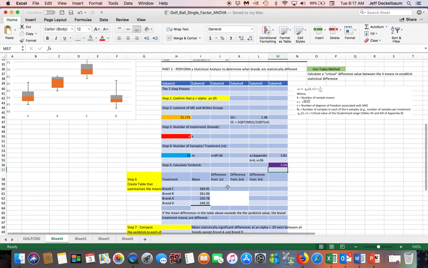So step 6, we need to now populate a table where we compute the differences between all the different means.